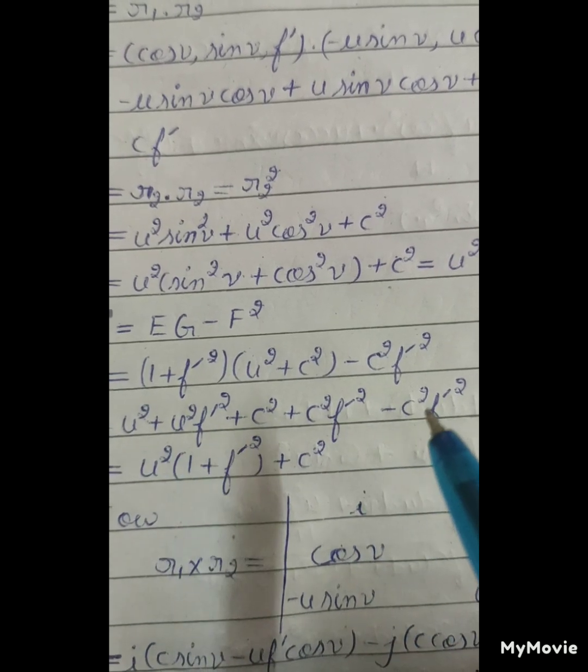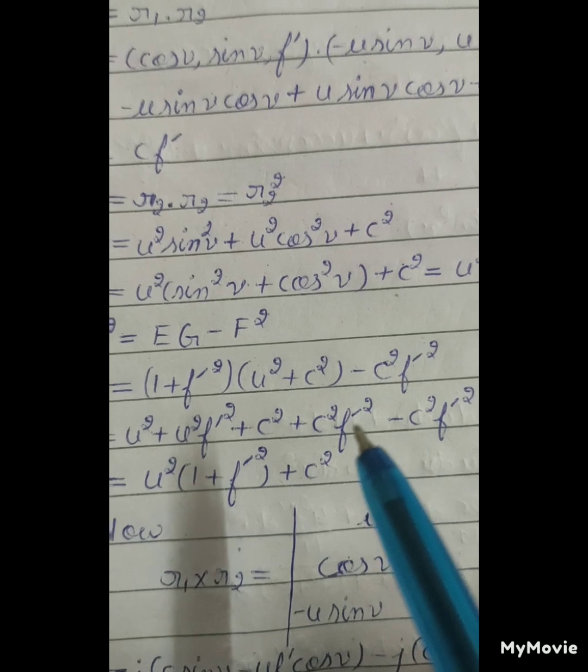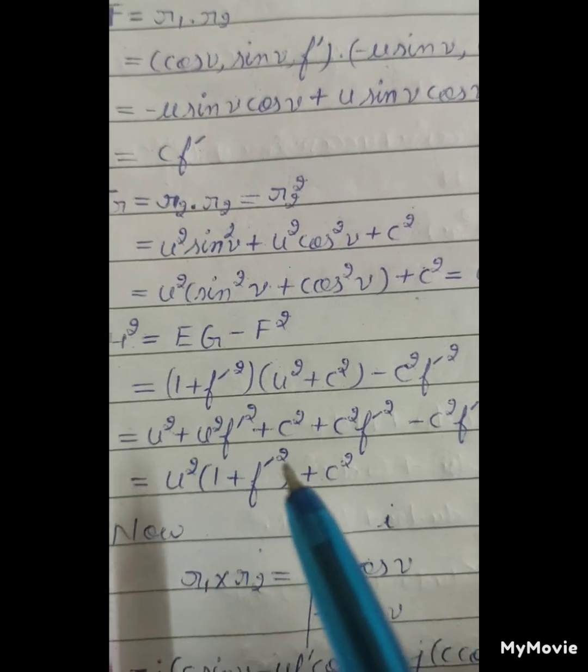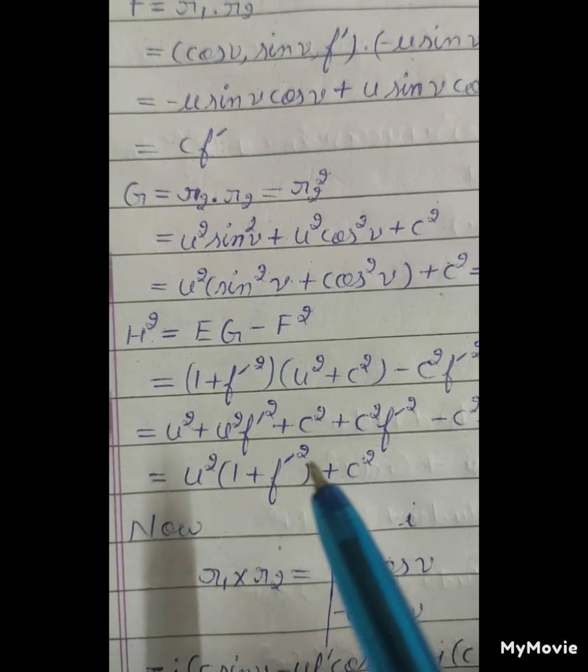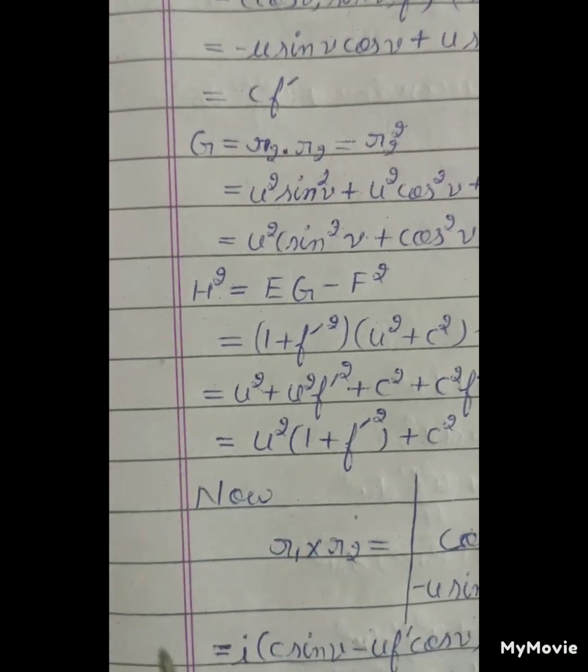The c square f dash square terms cancel out, so it equals u square (1 plus f dash square) plus c square.